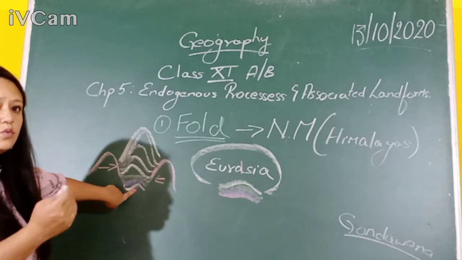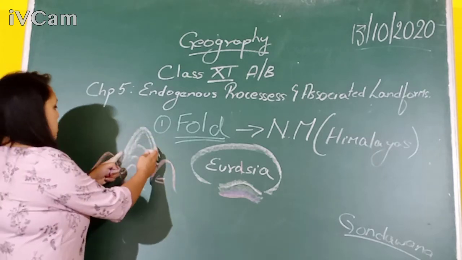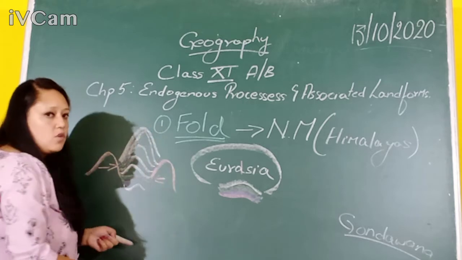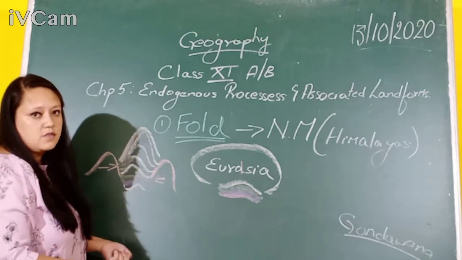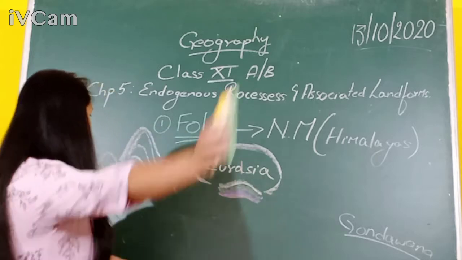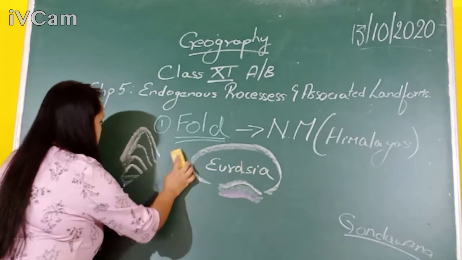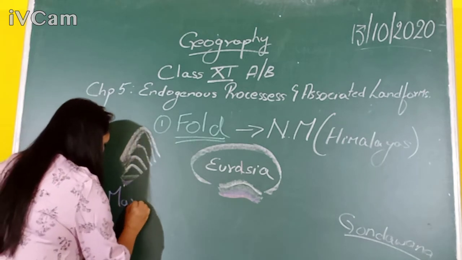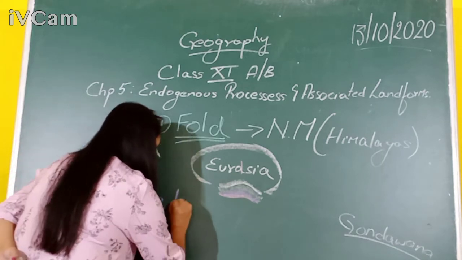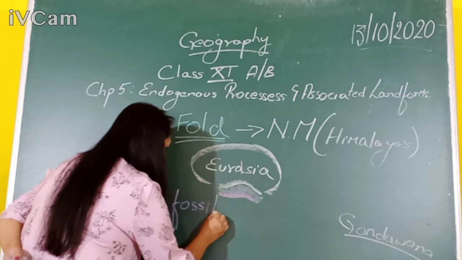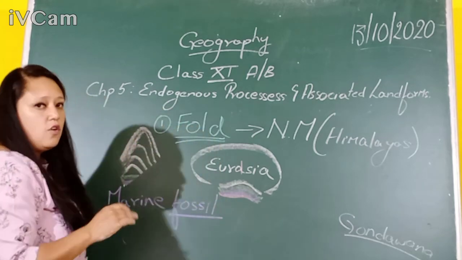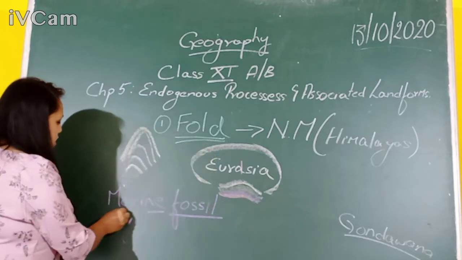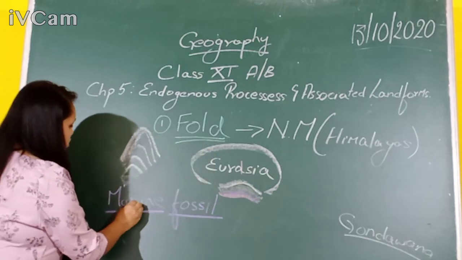Now how do you know that the Himalayas were formed because of the folding activity? In the Himalayas, marine fossils are found. Fossils means the remains of dead plants and animals, and marine means they are related to water.